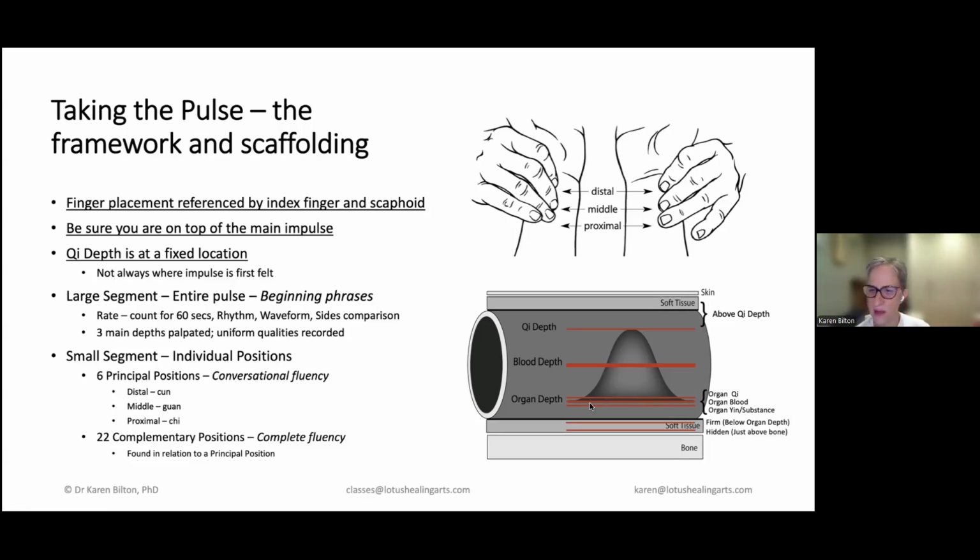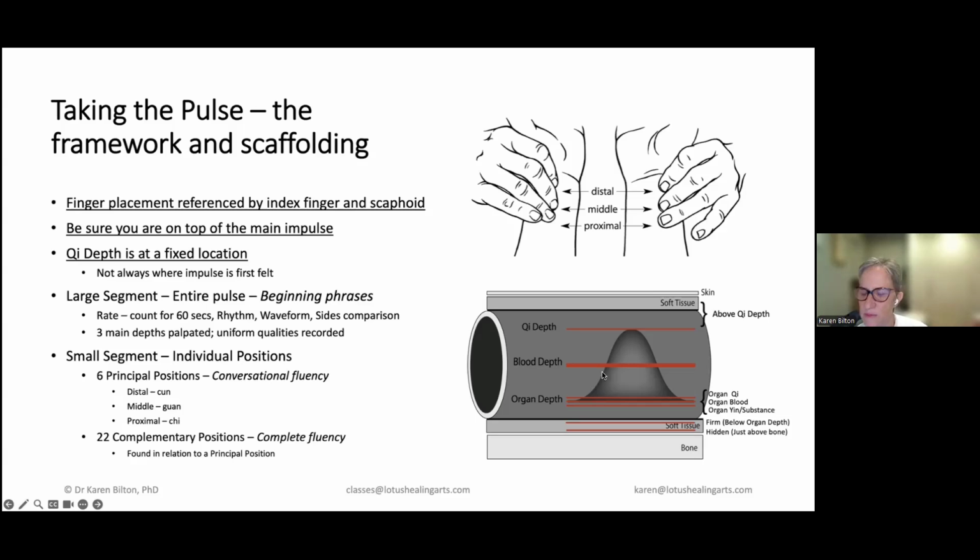Now, if, for example, we're feeling the pulse and we've felt down through the skin and we feel the impulse way up here, then that shouldn't be there. That's giving us information that there's too much activity, too much yang, too much fire, however you want to think about it. So we know that that's a condition of excess, if we've got something way above the chi depth.